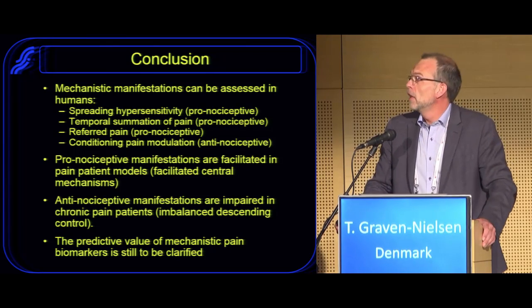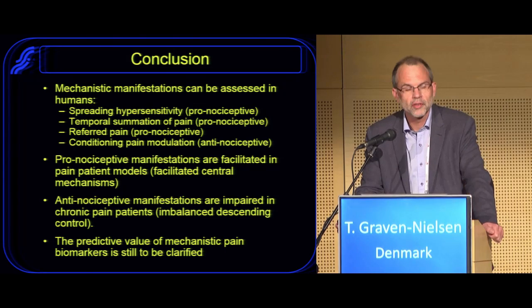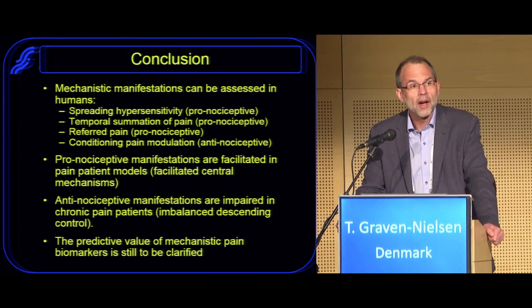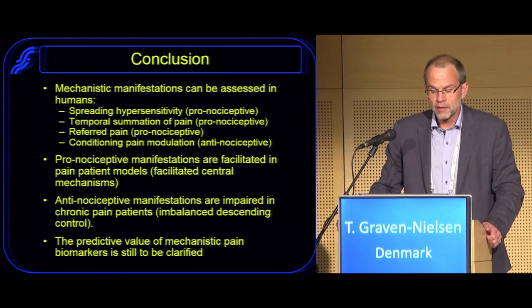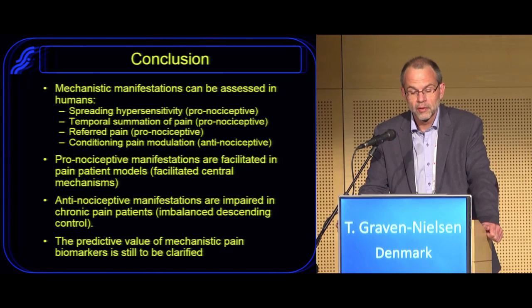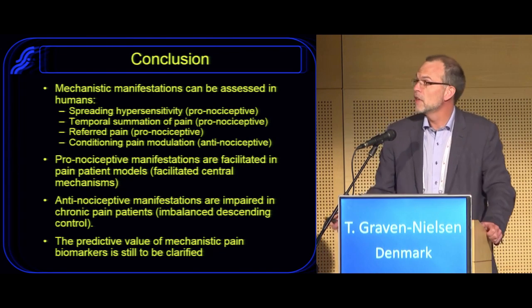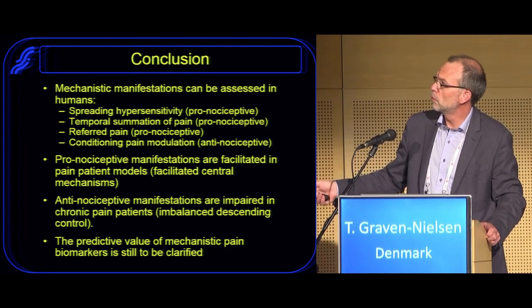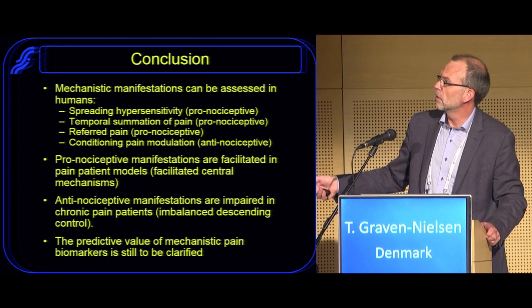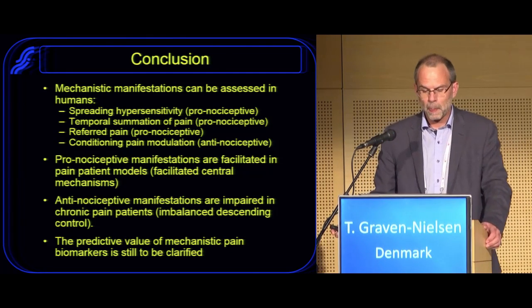So to sum up, I have presented you some mechanistic manifestations which can be assessed. I've illustrated something on spreading hypersensitivity, and on how we can evaluate temporal summation of pain, referred pain, and also conditioning pain modulation. The first three mechanistic approaches illustrate something which is pro-nociceptive, whereas the conditioning pain modulation is regarded as an anti-nociceptive mechanism.